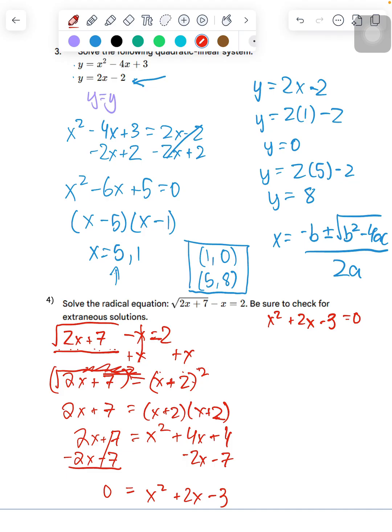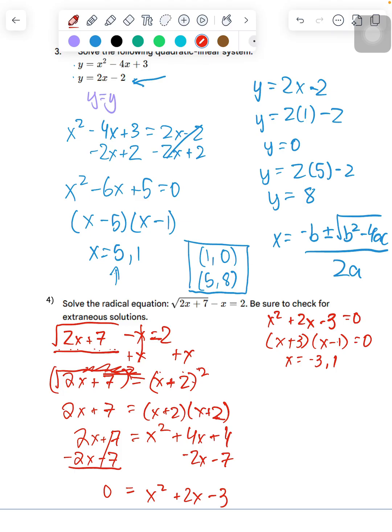That's going to be easy: x plus 3 and x minus 1 equals 0, because 3 times negative 1 is negative 3, and 3 plus negative 1 is 2. So this works out. My x values are going to be negative 3 and 1. The solutions are the opposite of what's inside the factors.